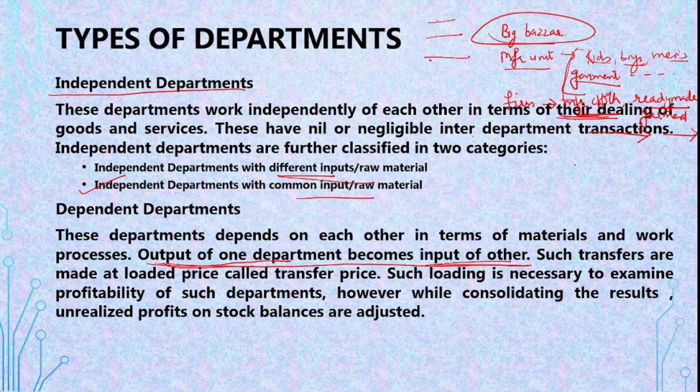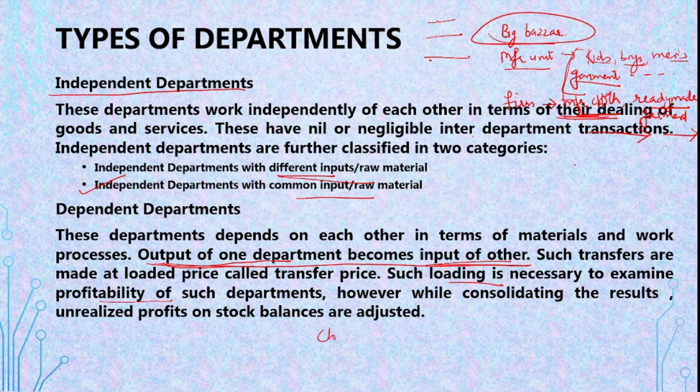So when you have these transfers, when the cloth is manufactured at one place and it is now being transferred to the ready-made garment manufacturing factory, then the goods are transferred at some higher price, which is called loaded price. That can be the selling price, that can be different. So such loading is necessary to examine profitability, that you can understand.